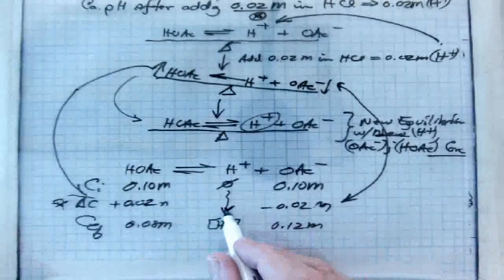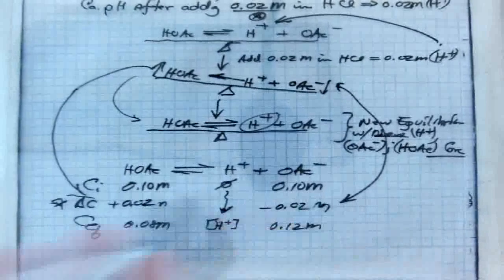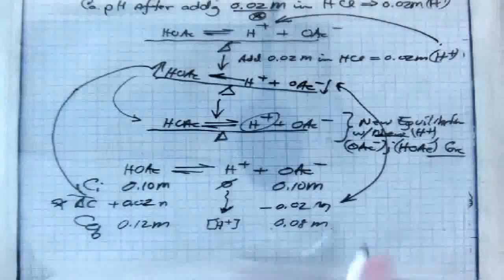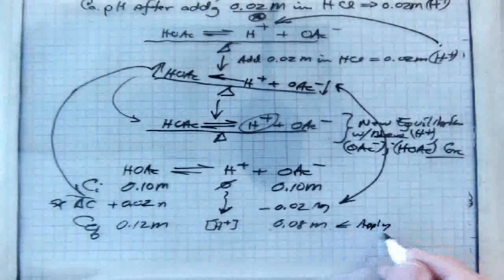So adding acid reduces the pH values. Now I want to do the same thing with addition of sodium hydroxide or a strong base, whatever that involves.